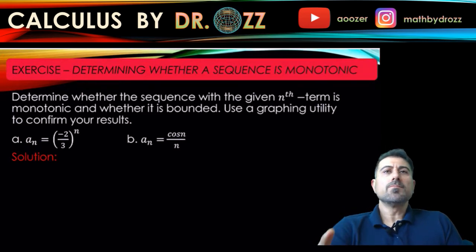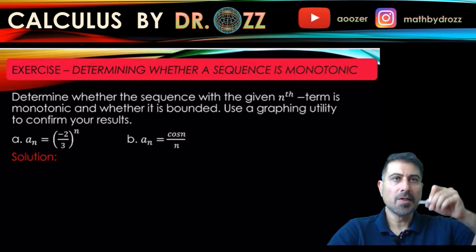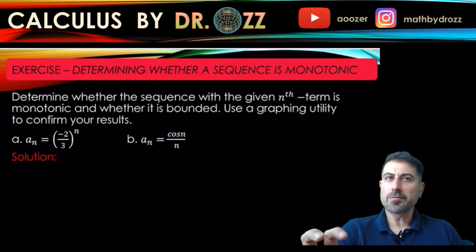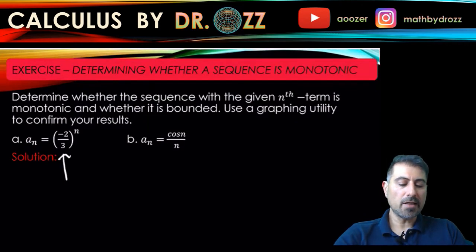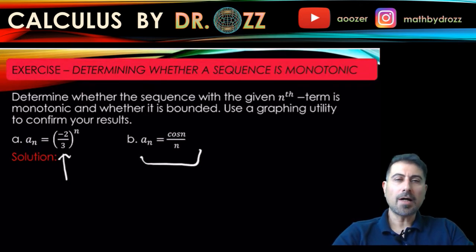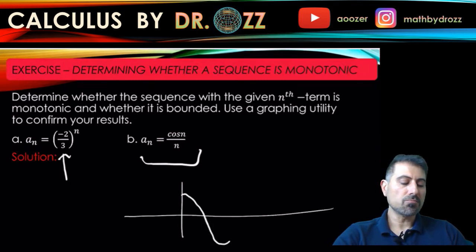One more quick observation that I want to point out is that if the terms of a sequence alternate between minus and plus, you don't really observe any monotonic behavior. And this is implicitly the case here, because cosine takes positive and negative values. If you graph the cosine function, for certain values of n it could be positive, negative, positive, negative.